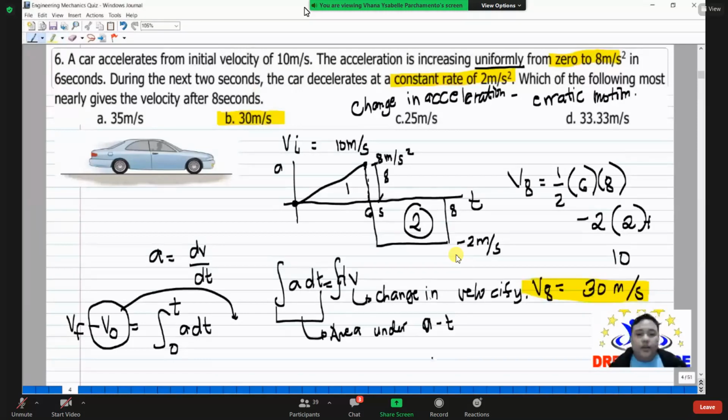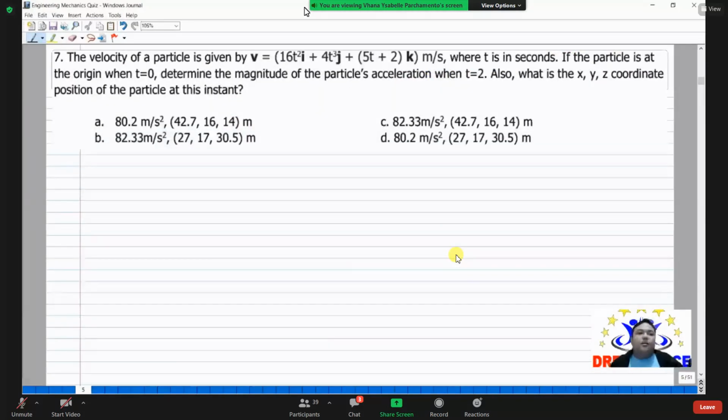Next, we have number 7. The velocity of a particle is given by, so yung ating v as a function of t, v is equal to 16t squared i in the x direction plus 4t cubed j in the y direction plus the quantity 5t plus 2 in the z direction, where t is the time in seconds.